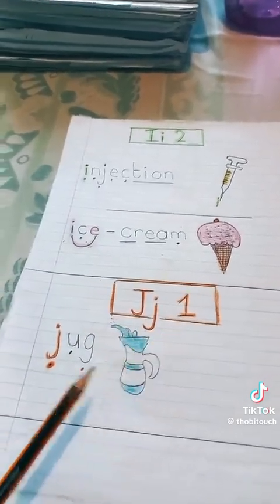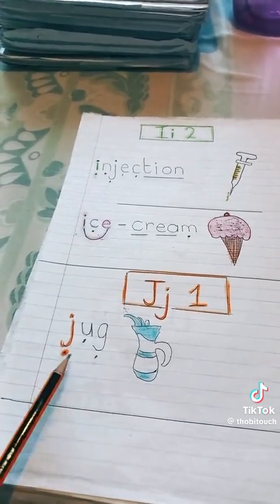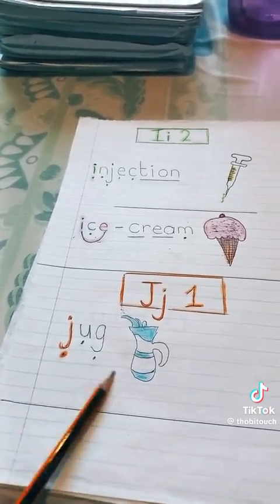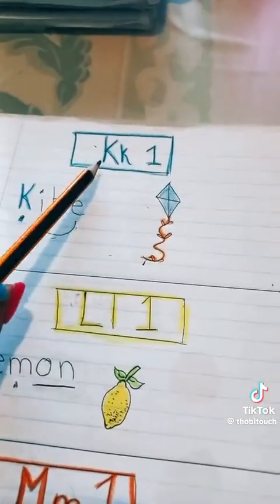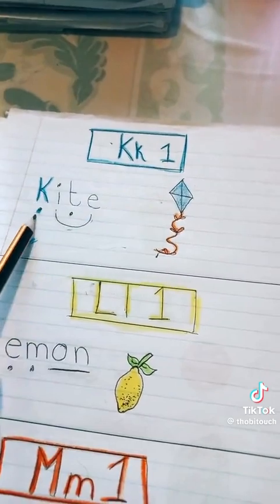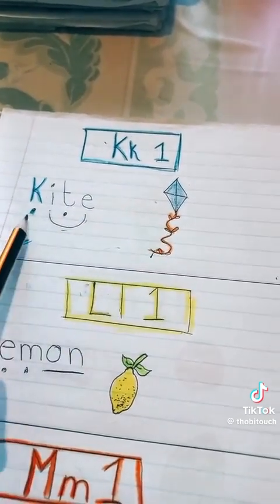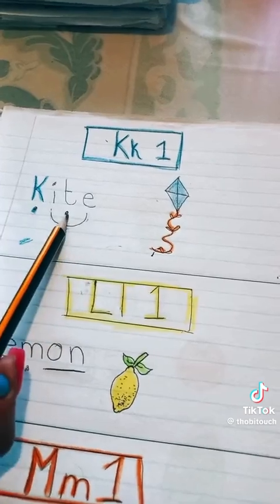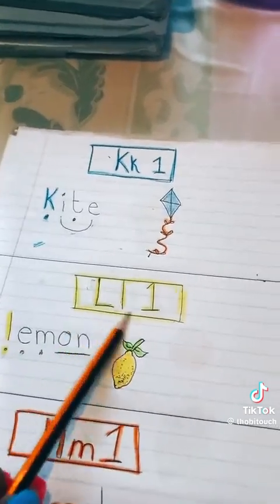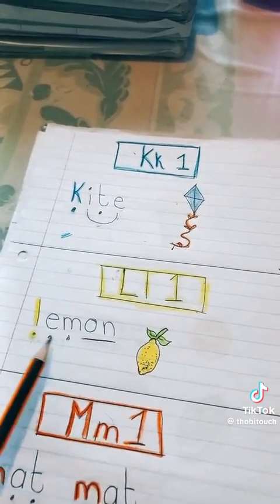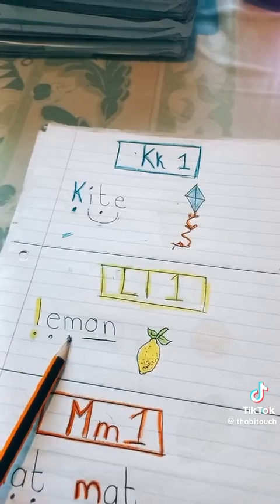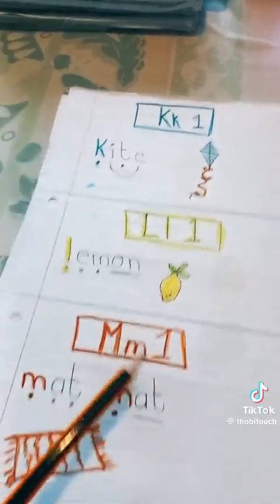J makes one sound, J for jug. K makes one sound, K for kite. L makes one sound, L for lemon.